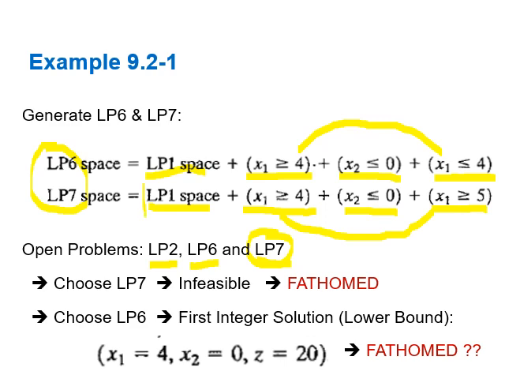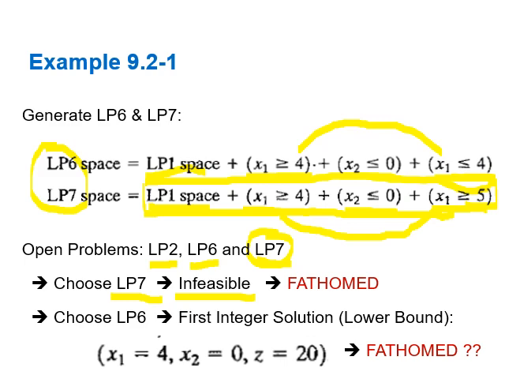When you look at this problem, including x1 greater than or equal to 5, we see that x1 greater than or equal to 5 does not intersect with the feasible region, with that triangle. It means that this LP7 is infeasible.